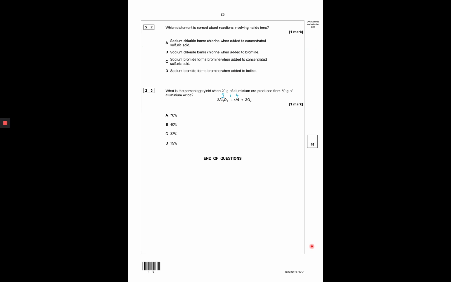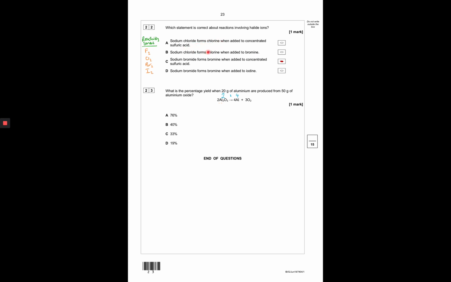Which statement is correct about reactions involving halide ions? So there's our reactivity series that I was mentioning. I have to think about it. Sodium chloride forms chlorine when added to concentrated sulfuric acid. Well, no. The chloride ions don't have any reducing power, so they are not going to be oxidized.